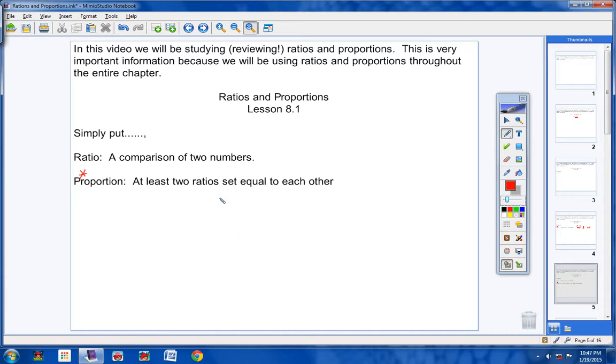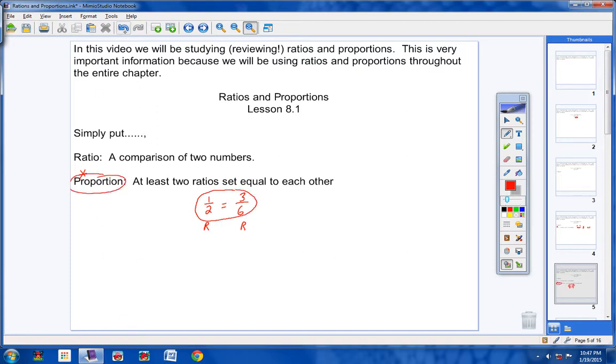Now let me give you some examples, okay? For example, I could say 1/2, that's a ratio, equals 3/6. That's a true statement, is it not? Sure it is, okay? So I have a ratio here, a ratio here. I've set them equal, so this whole thing right here is called a proportion. Got it?